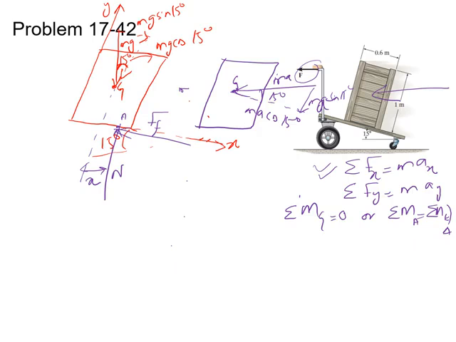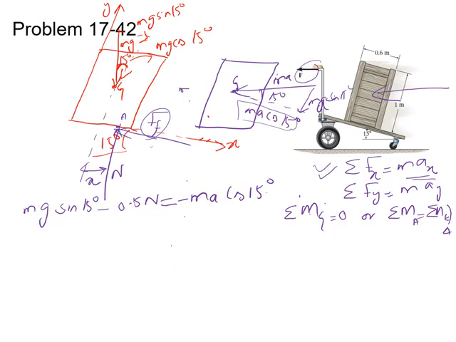So mg sin 15 degrees acts in the positive x direction, while the friction force F_f acts in the negative x direction, so it is minus 0.5 times N. This is the sum of the forces in the x direction, and it is equal to m a_x. Here the x component is ma cos 15 degrees, and it also acts in the negative x direction, so it will be minus ma cos 15 degrees. This is equation 1.